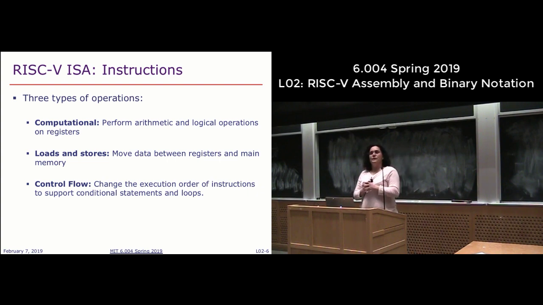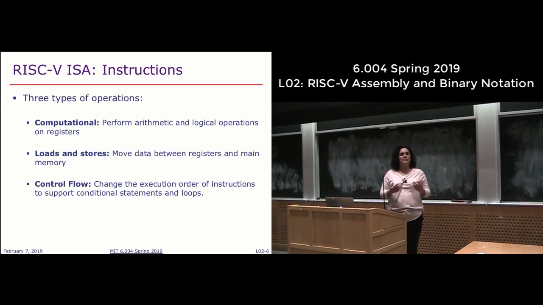And we have control flow instructions, which allow us to change the order in which we execute instructions. By default, we always execute instructions in sequence, one after the other, unless we hit one of these control flow instructions, in which case you might jump to some other location in your program, and this is how we handle conditional statements and loops and things like that.